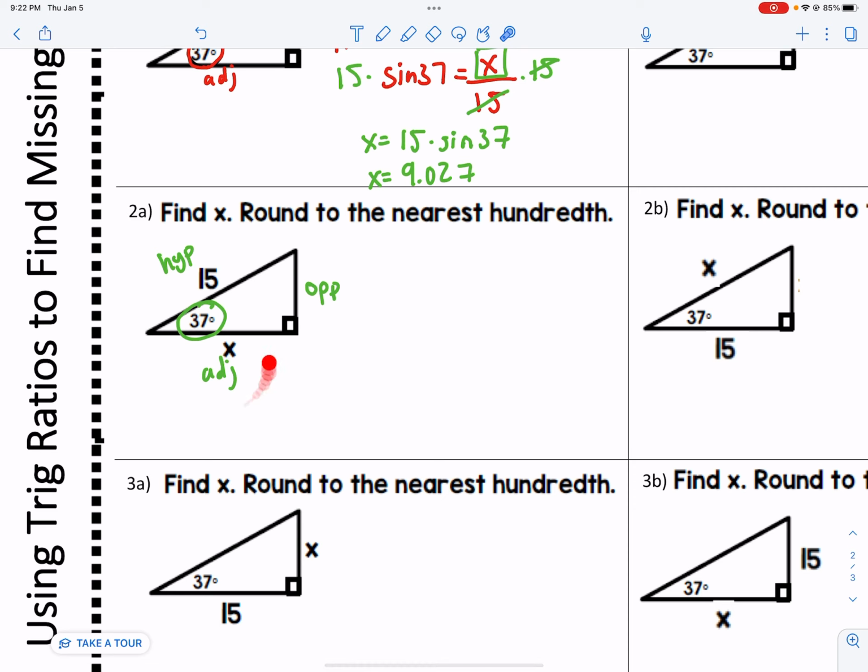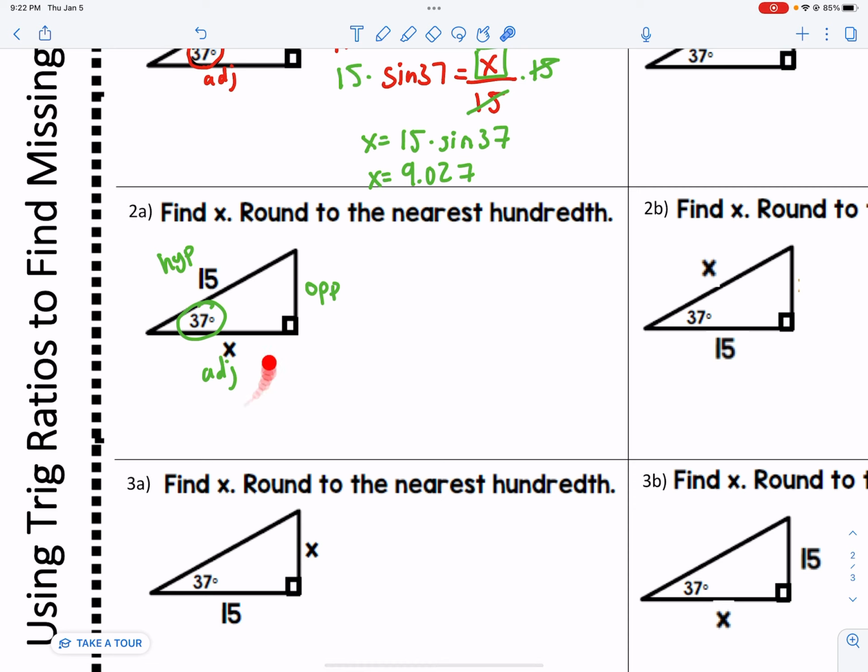Which trig ratio will I use to connect hypotenuse and adjacent? Hypotenuse and adjacent, which one? That's correct, that's going to be cosine. So let's set up cosine of 37, which is adjacent over hypotenuse. So cosine of 37 is equal to x over 15.